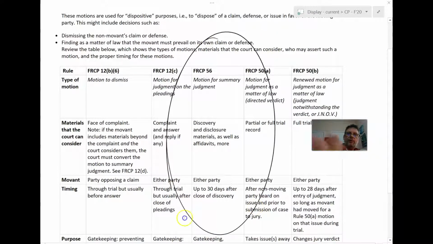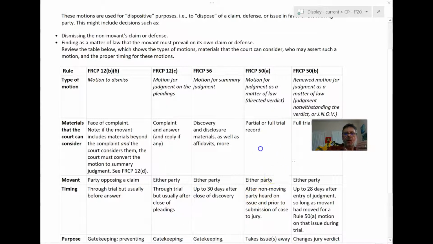Well, the main thing we're going to be talking about today is a FRCP 56 motion for summary judgment. All right? Now, this is based on a lot more than just the complaint. In fact, the complaint and answer has a lesser and sometimes no role to be played. It's usually based on discovery and disclosure materials as well as affidavits, right?